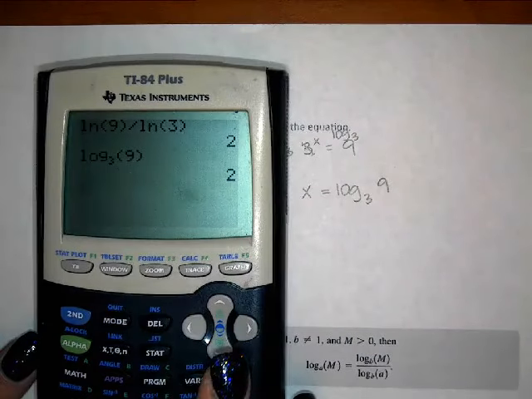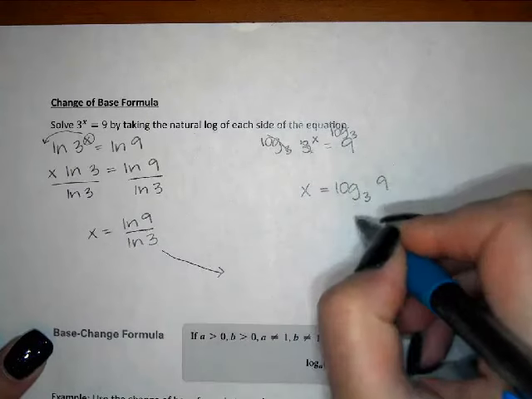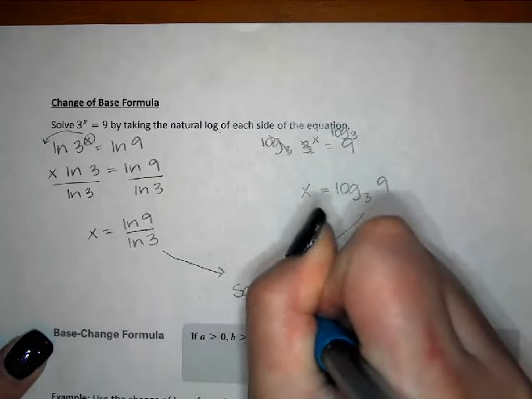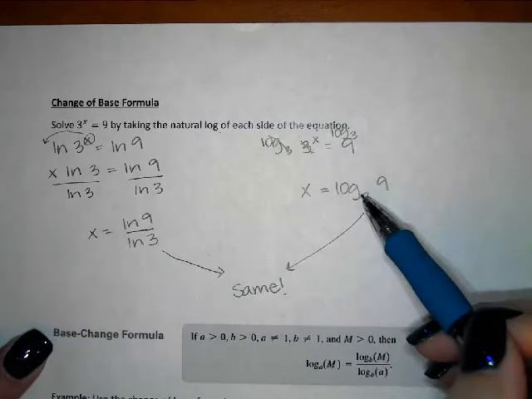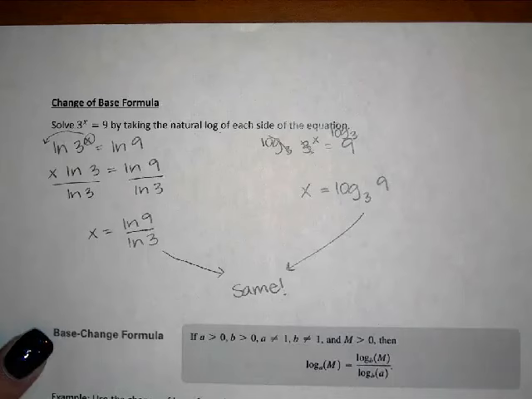So what that tells us is that ln 9 over ln 3 is the same as log base 3 of 9. And this is what the change of base formula is all about.